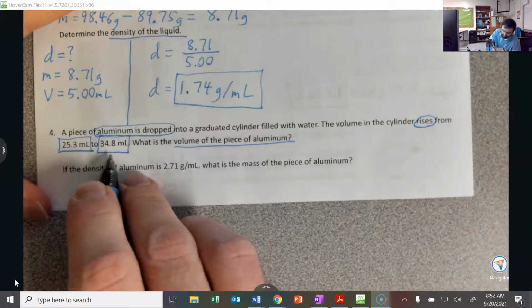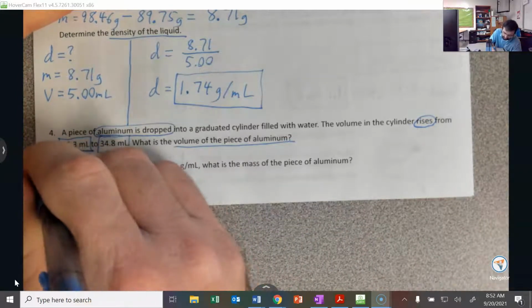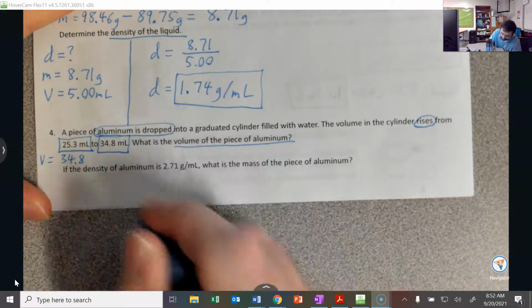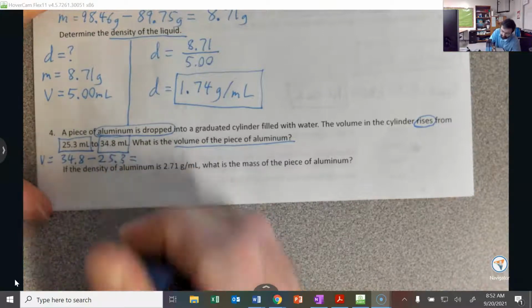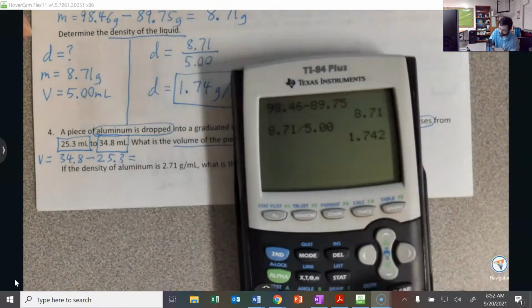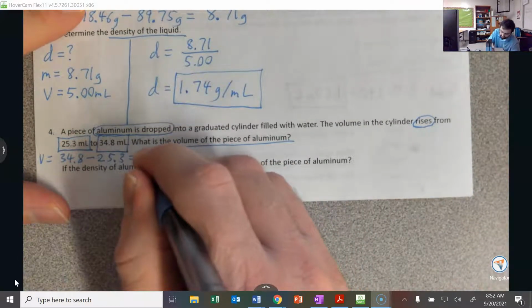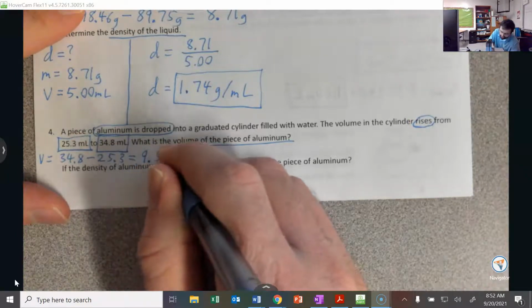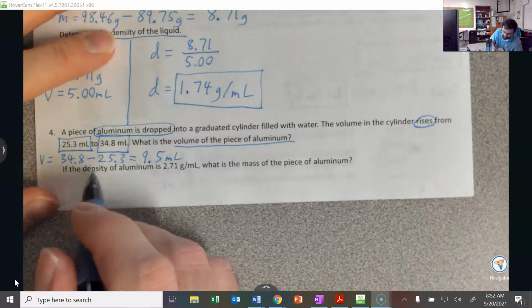So I need to take the final volume minus the initial volume. So V equals 34.8 minus 25.3. We get 9.5, 1 decimal place. 9.5 milliliters.